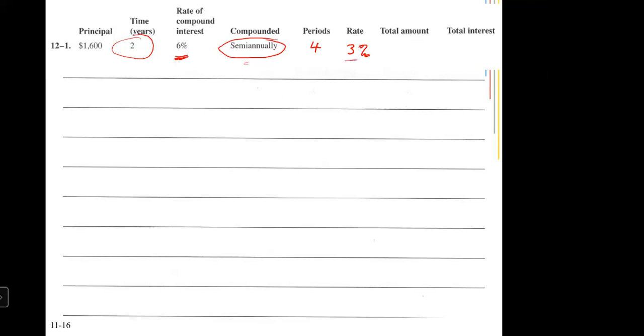So you would start off and say $1,600 times 0.03. 3% of 1,600 is how much? $48. Okay, so that's $48.